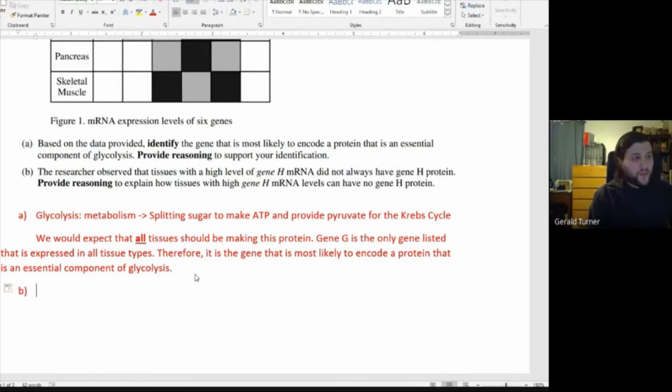The thing that we need to remember here is the way that we get from mRNA to protein. We need to have the mRNA leave the nucleus. It needs to bind to the ribosome.